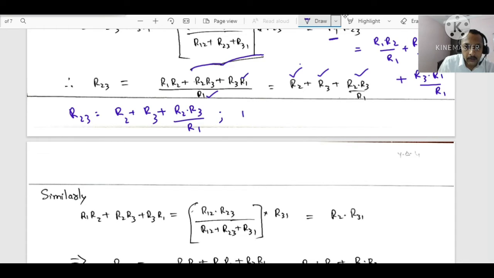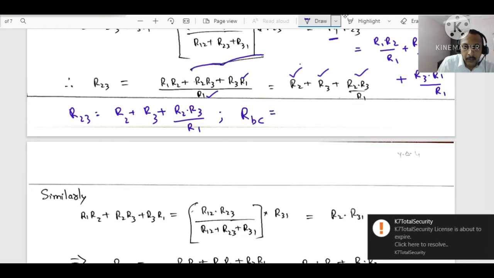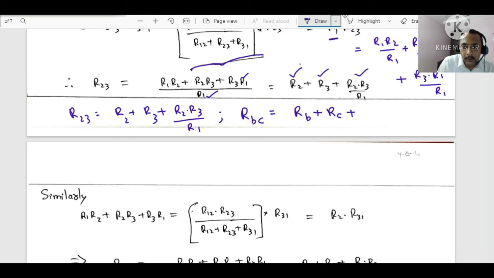Similarly, in terms of ABC, if you want RBC, it is simply RB plus RC plus RB into RC, whole divided by the one left out, RA. Very simple. So far clear, dear students?